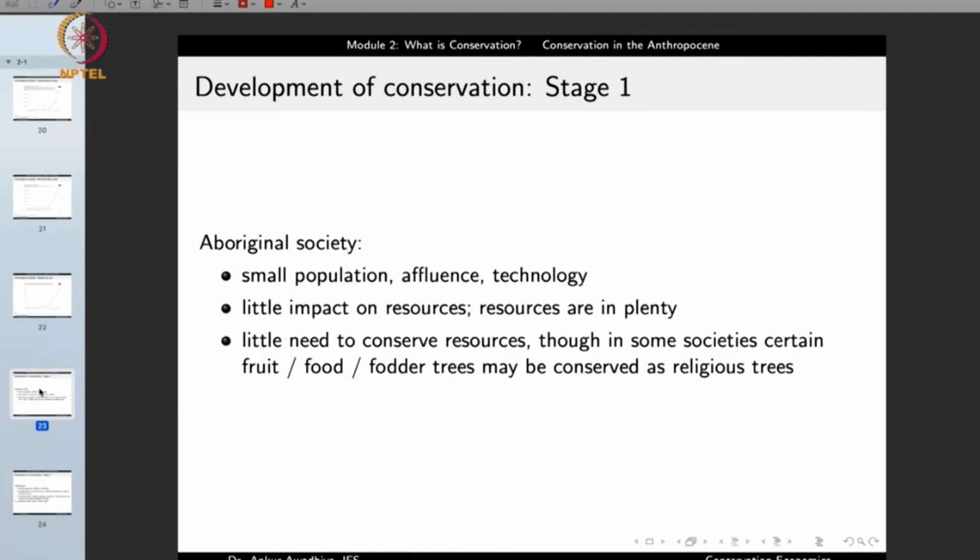Now, if we look at the impact of humans, we can divide human history into three different stages. In the early society, in the Aboriginal society, we had small p, small a, and small t. Small population, less affluence, less technology. Because there was a small population, there were fewer mouths to feed.